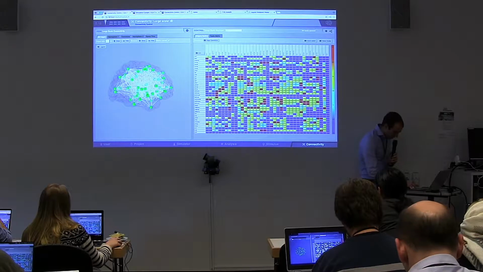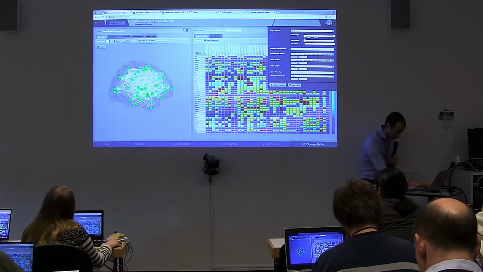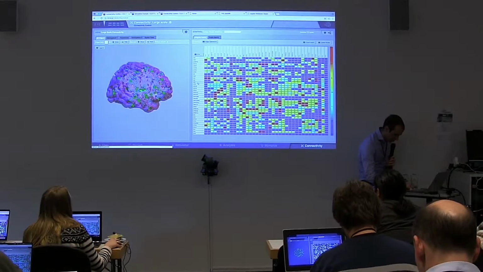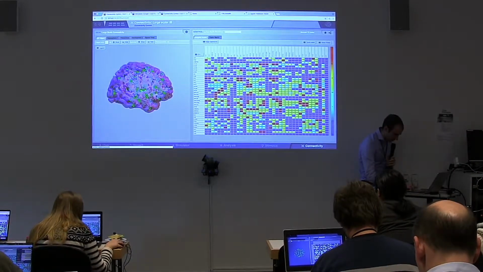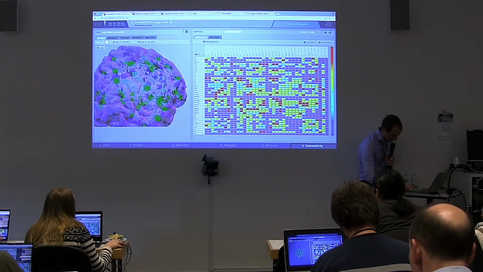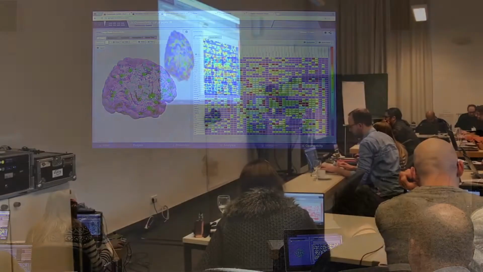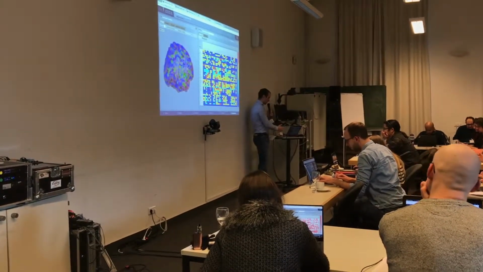So if we, let me decrease the transparency of the surface. So we were somewhere here in the right parietal cortex or temporal cortex, and actually it was 3 regions which were affected.